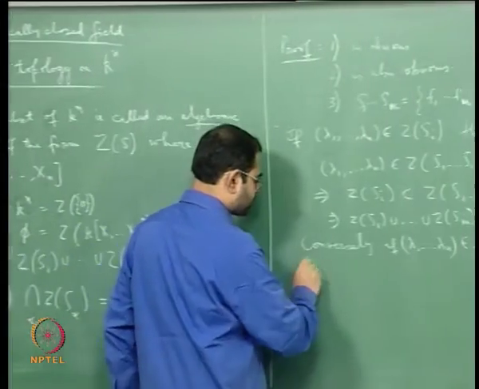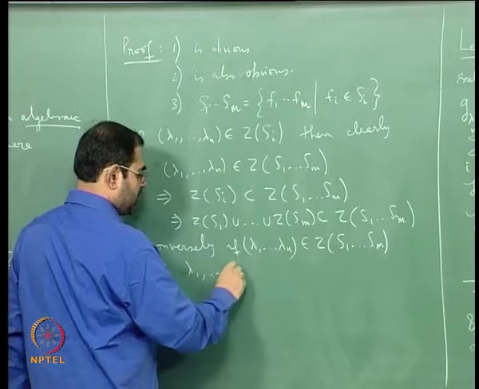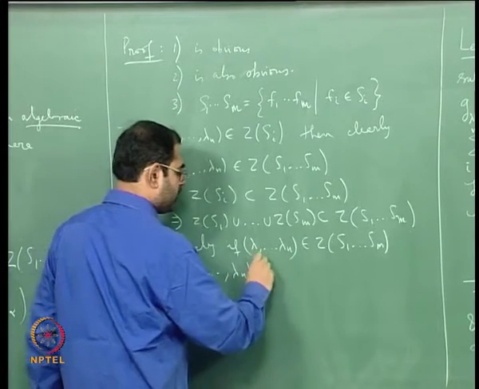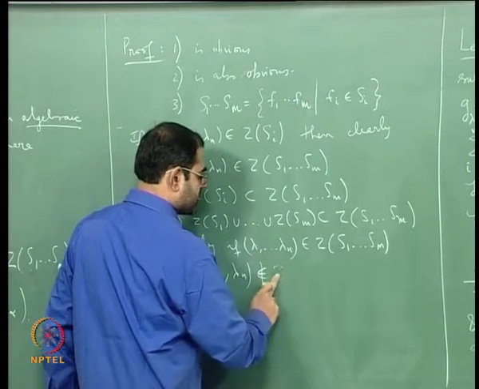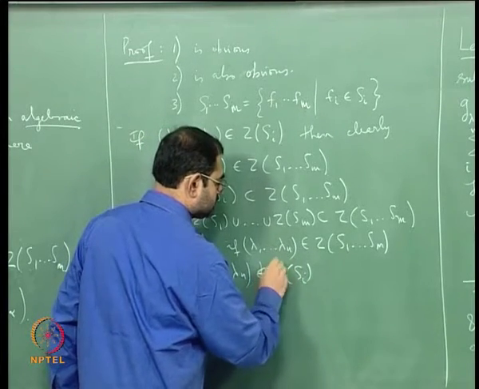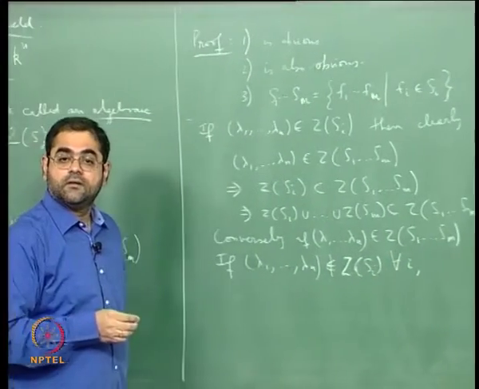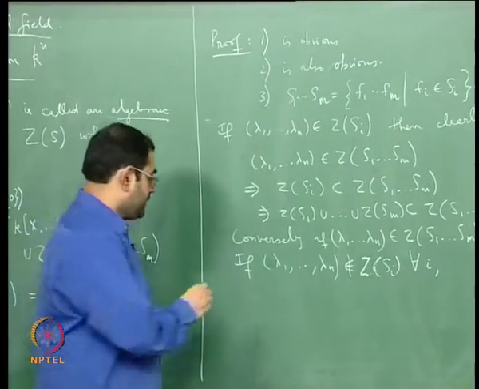If (lambda 1, ..., lambda n) does not belong to Z of Si for every i, then what does it mean?